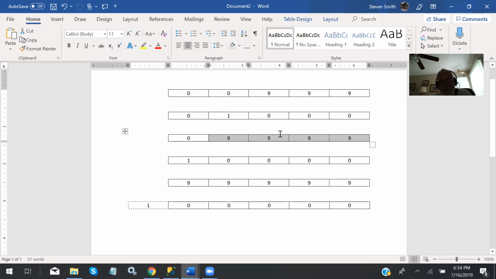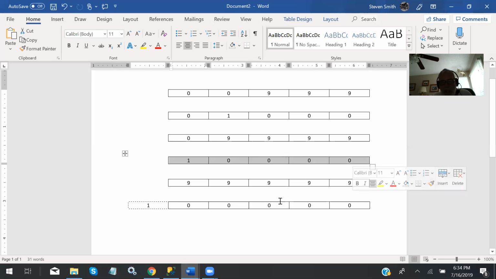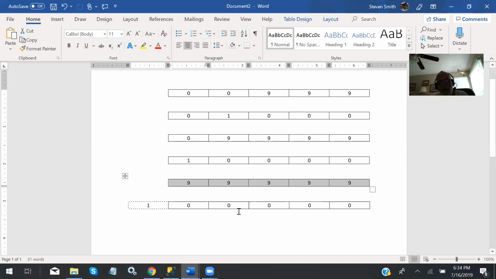I drive 1 more mile, I have 10,000 miles on it. And I keep driving and driving, and finally I come to the point where I am full. 99,999 miles. What happens when I drive 1 more mile? We say it resets to 0, or it rolls over, now it shows 0.